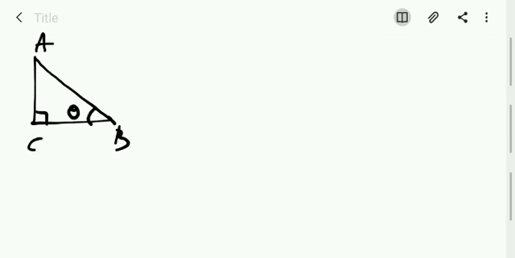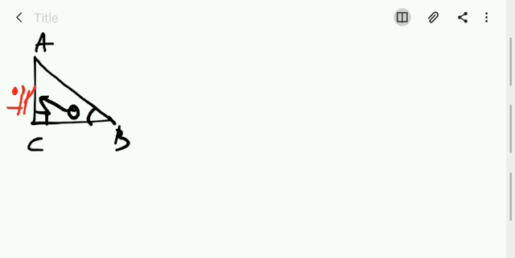We'll just see now. Suppose this is a right angle triangle, and I'll name this angle theta. Now, if I name this triangle A, B, C, in triangle ABC there is an angle called theta, and any side which is opposite to that angle, we call the opposite side.